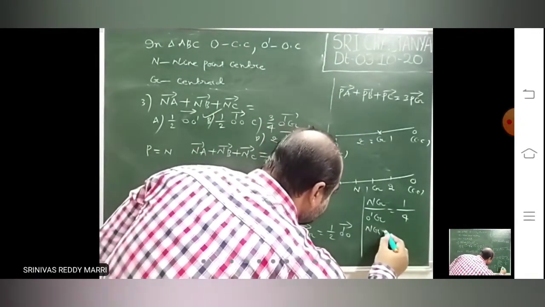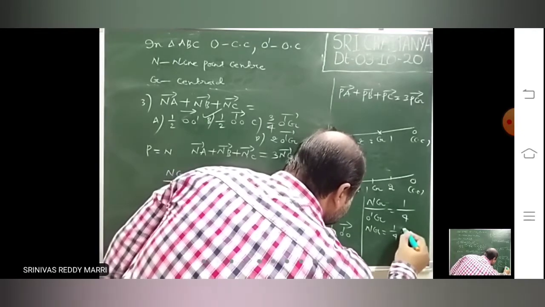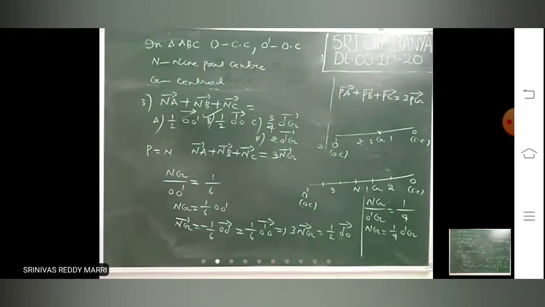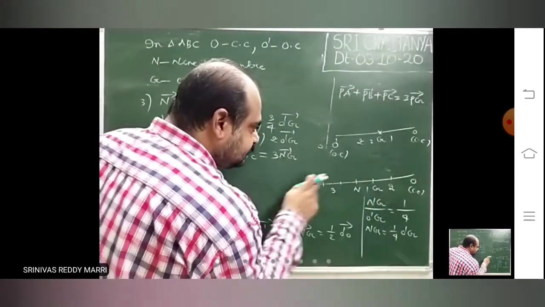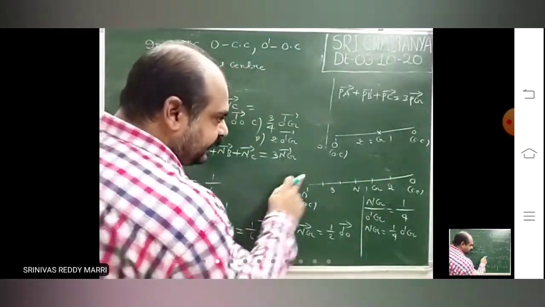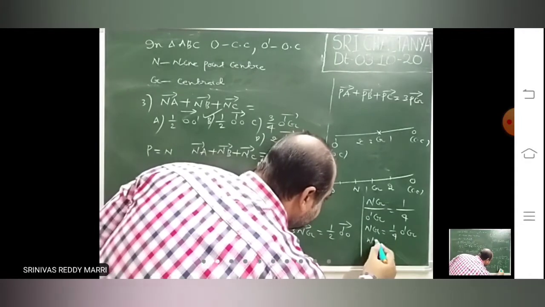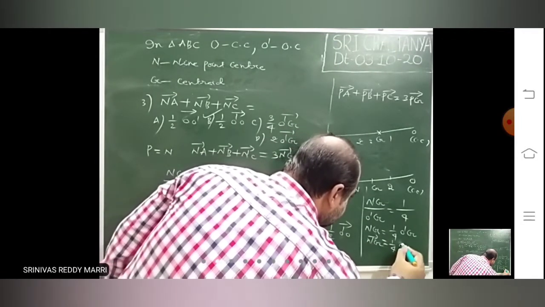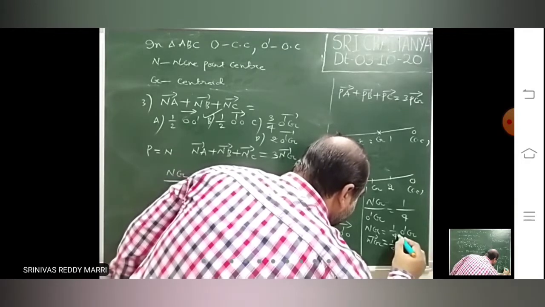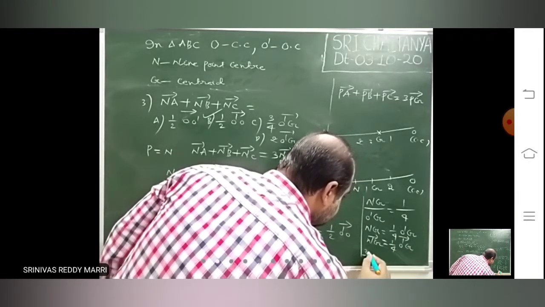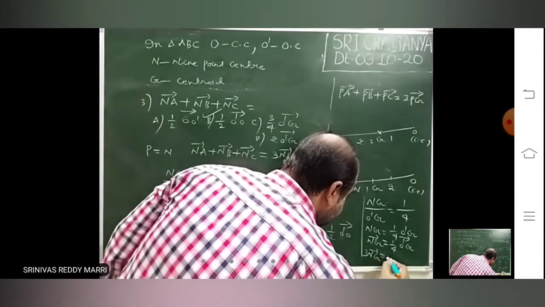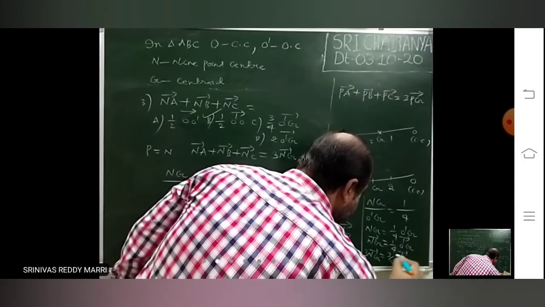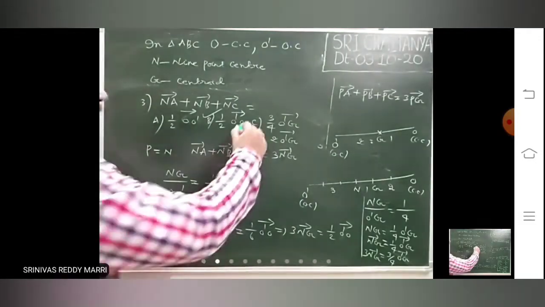Therefore, NG is nothing but 1/4 O'G. NG is in this direction, O'G is in this direction. Therefore, NG bar is 1/4 O'G bar. Therefore, 3 NG bar is nothing but 3/4 O'G bar.